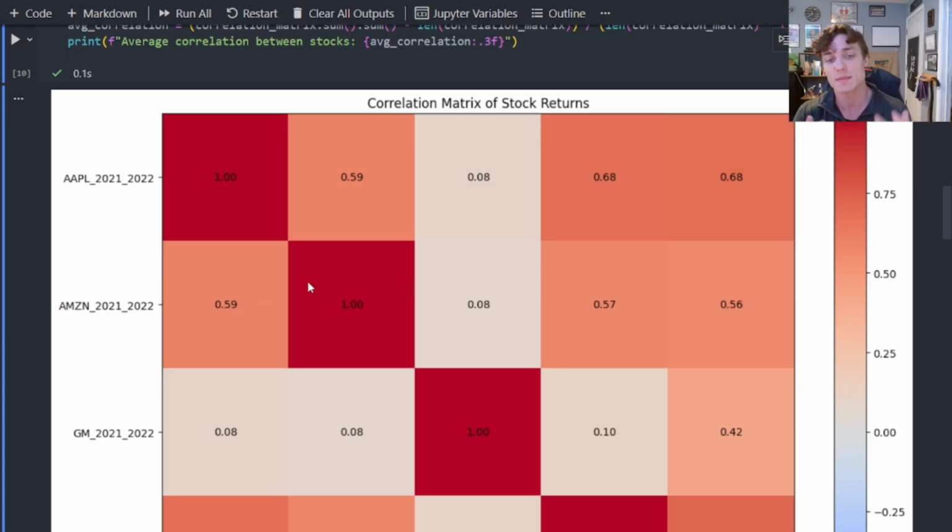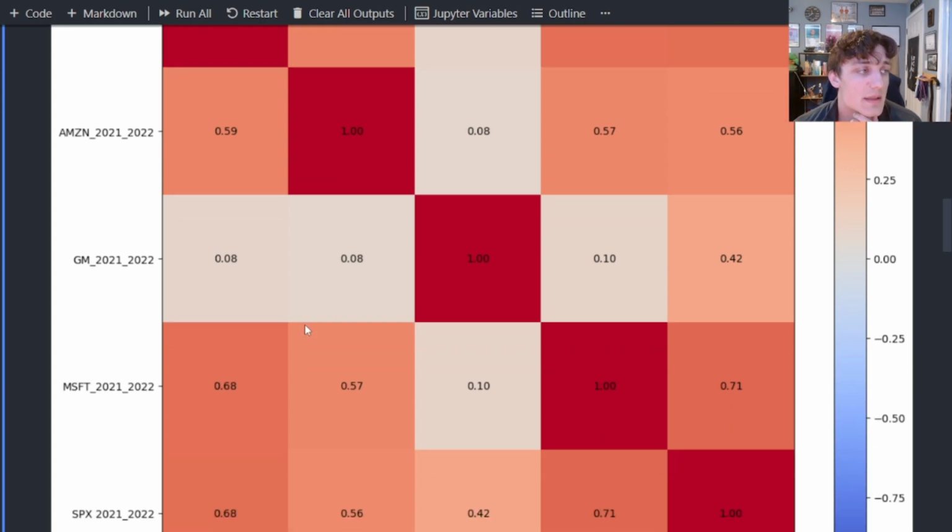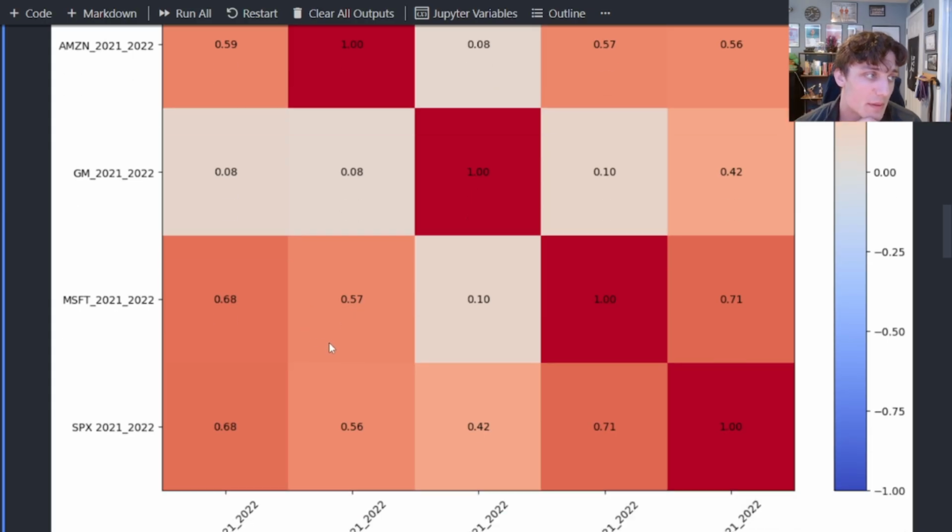So what this means is there is some redundancy in the information that is being portrayed by Apple and Amazon. There's some redundancy in the information that's being portrayed by Microsoft and General Motors, and so on and so forth. You can look at the pairwise correlations here and see the varying levels of redundancy.